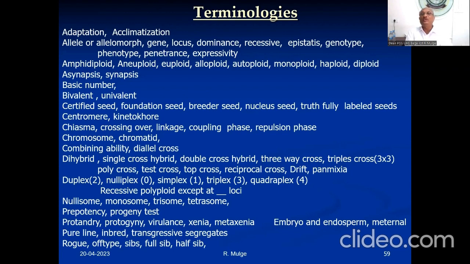Amphidiploid, a polyploid whose chromosome complement is made up of the entire somatic chromosome complement of two species. So it's a polyploid, right? That means it is diploid, but there are two species.